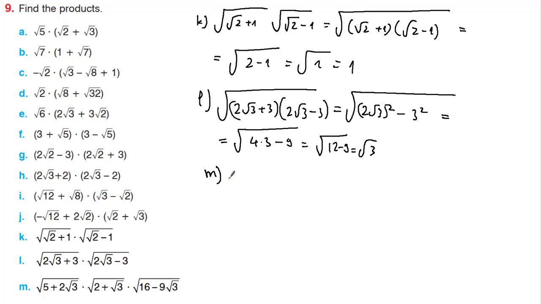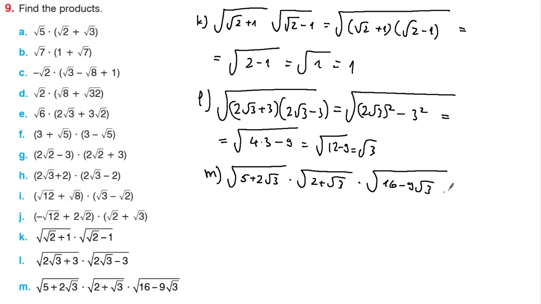So we have square root of 5 plus 2 root of 3 times square root of 2 plus root of 3 times square root of 16 minus 9 root of 3.